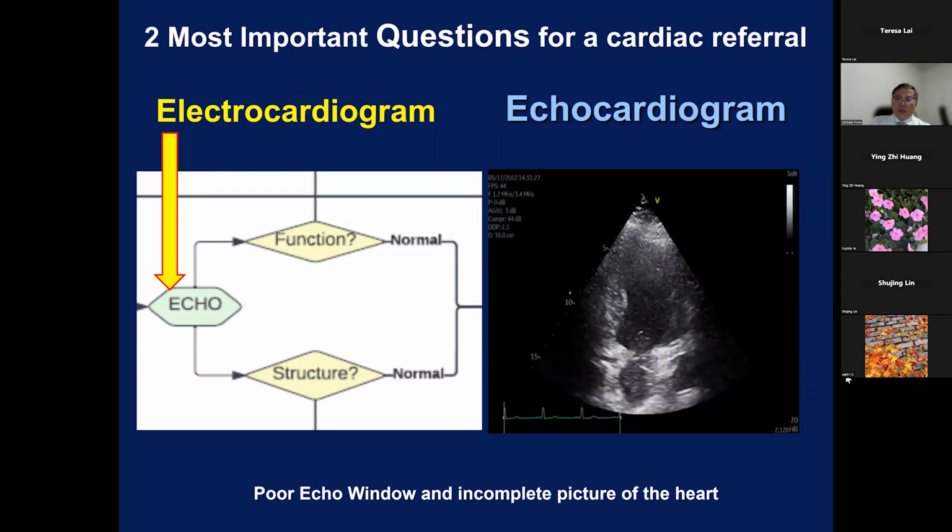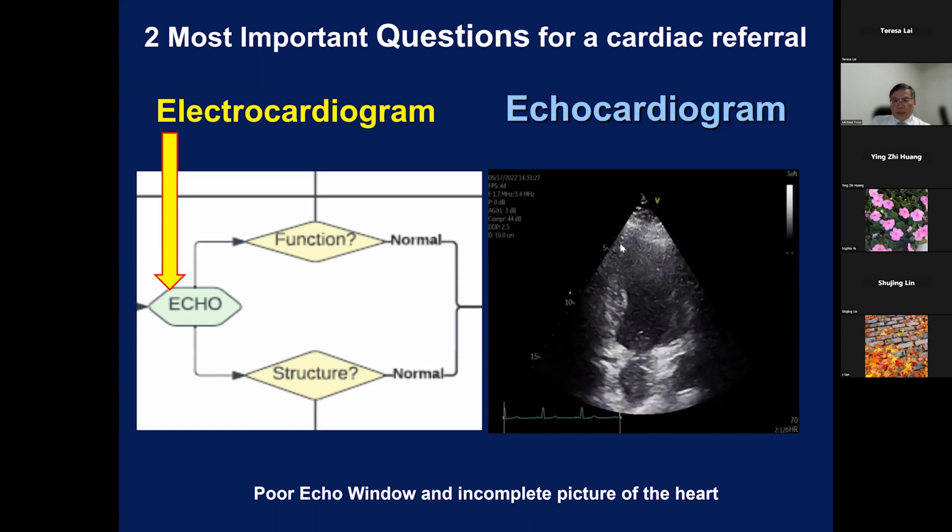Unfortunately, the test that we use the most in the cardiology office is often not able to give us the good picture that we need. And sometimes we give a guesstimate of the function and not really an accurate functional assessment. So that's a limitation that we have to declare from the get-go.